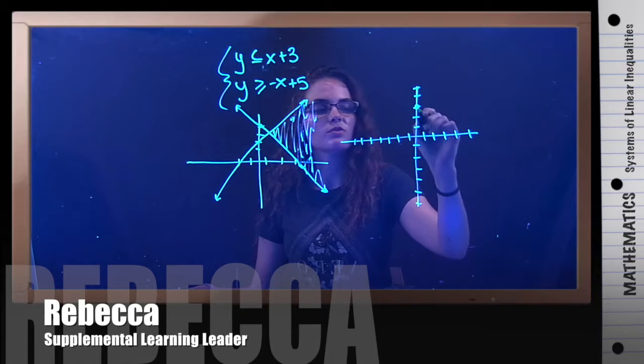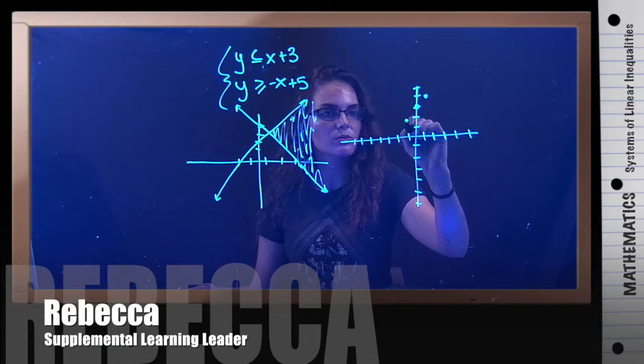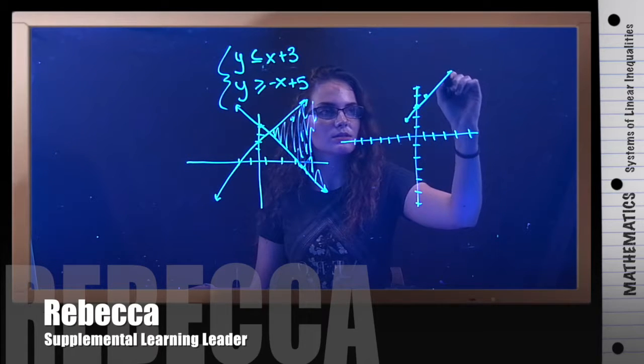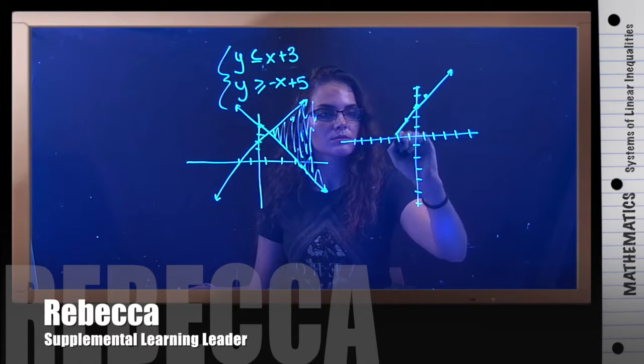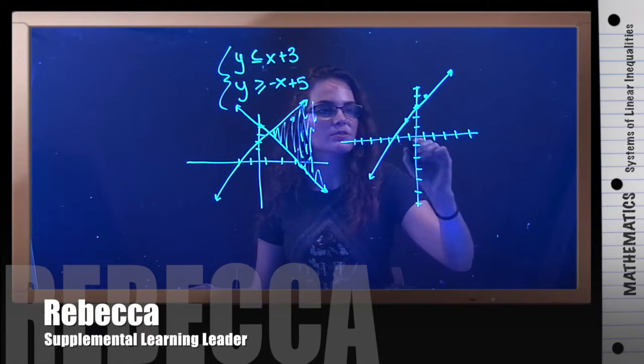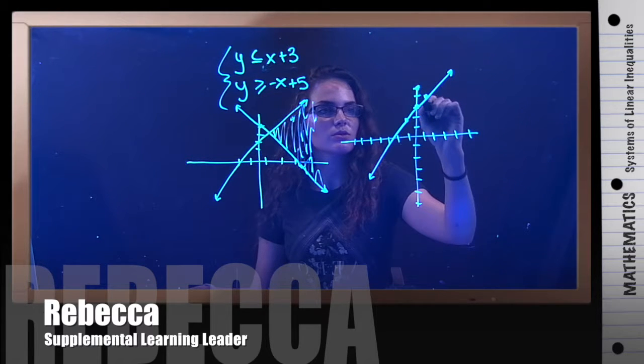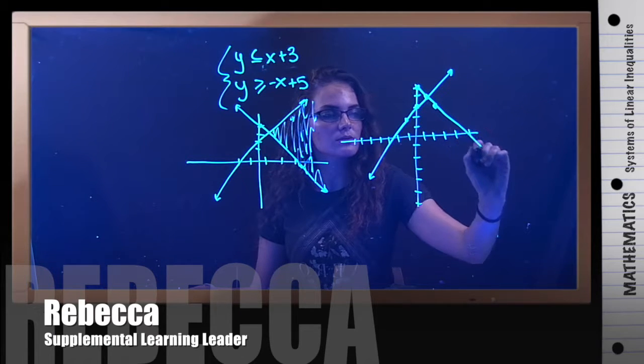And it has a slope of 1. So up 1 over 1. Down 1 over 1. And you can connect the dots. And this one has a y-intercept of 5 and a slope of negative 1. Down 1 over 1. Down 1 over 1. And you can connect those.